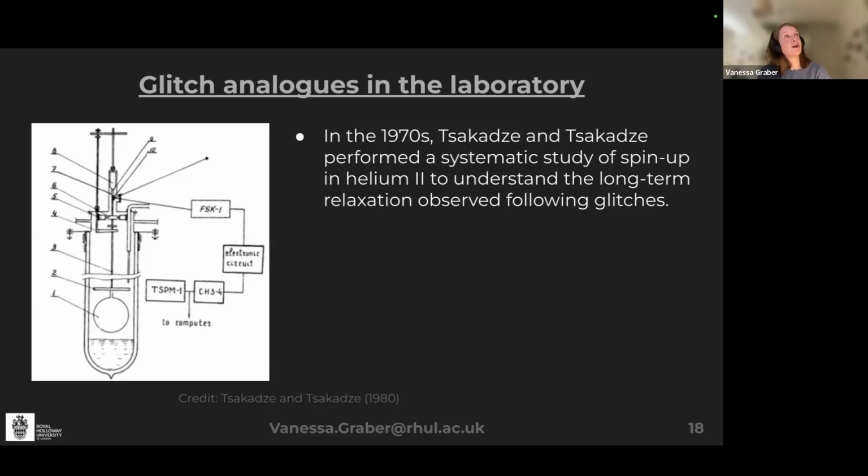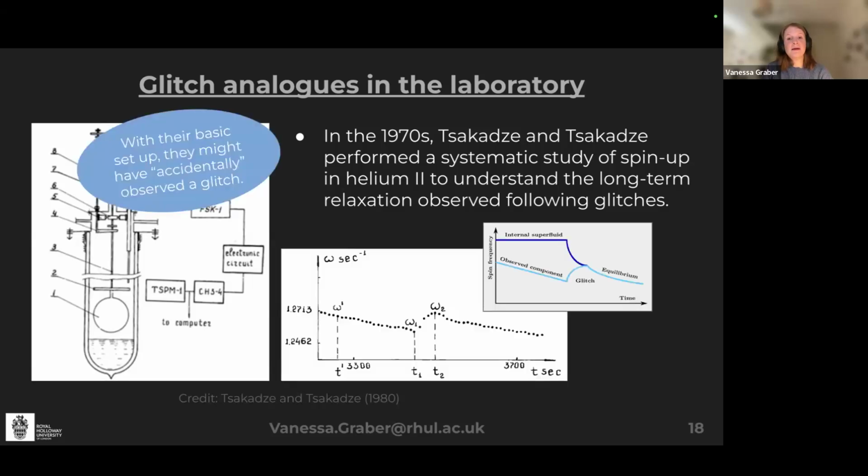Their primary target wasn't to produce glitches in these systems, but to model these long-term exponential timescales, which they did recover.